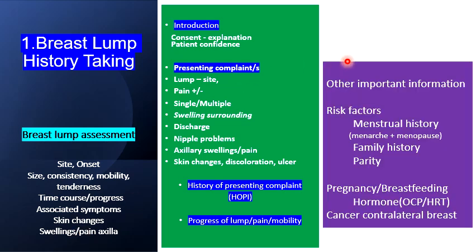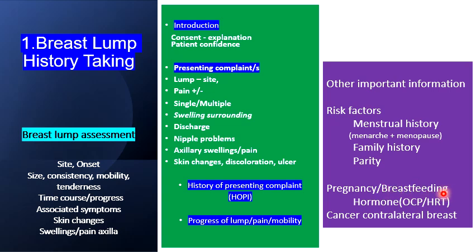Next, as far as the breast is concerned, there is other important information you need to ask every patient with a breast lump. First, risk factors: the menstrual history, onset of menarche and menopause, family history, the parity of the patient, the pregnancy status of the patient, the number of pregnancies she has undergone, and the history of breastfeeding.